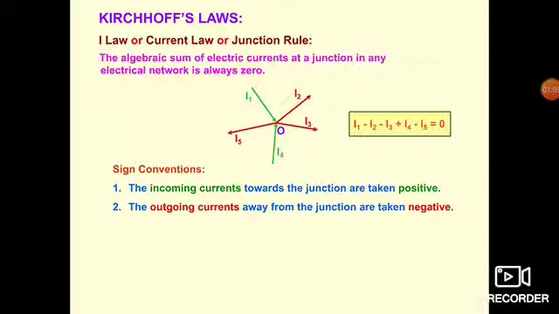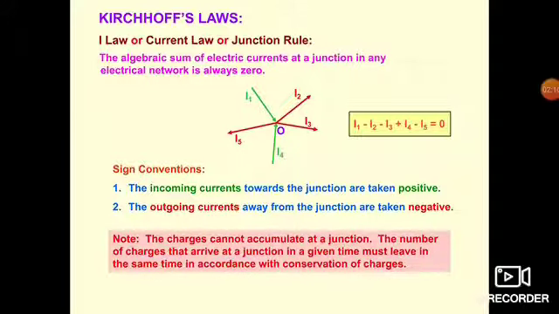Move to the next. Sign convention: the incoming currents towards the junction are taken positive and the outgoing currents away from the junction are always taken to be negative. Now there is one note: the charges cannot accumulate at a junction. The number of charges that arrive at a junction in a given time must leave in the same time, in accordance with the conservation of charge.